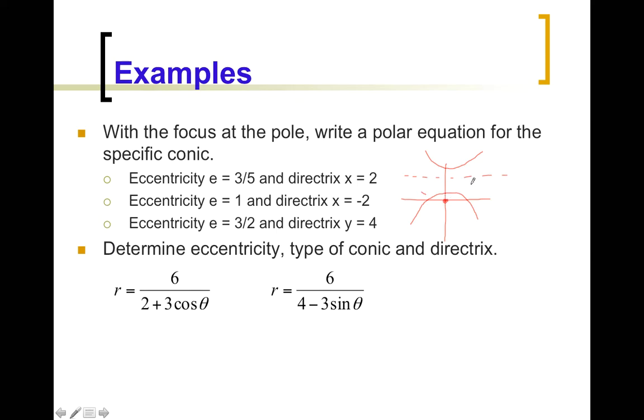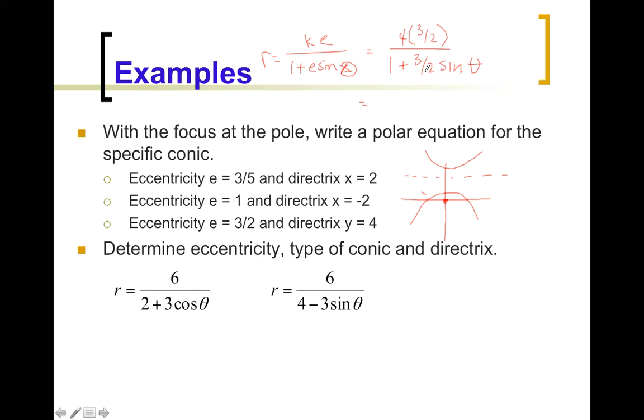So we've got r equals ke over 1 plus e sine theta. k in this case is 4, e is 3/2, over 1 plus 3/2 sine theta.